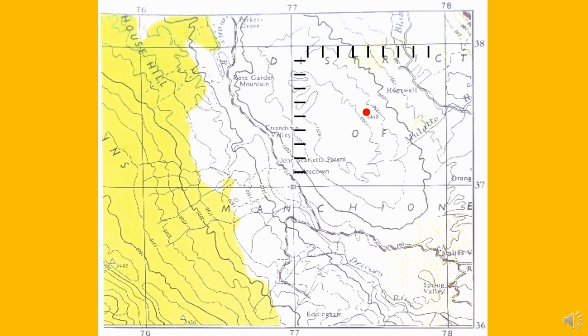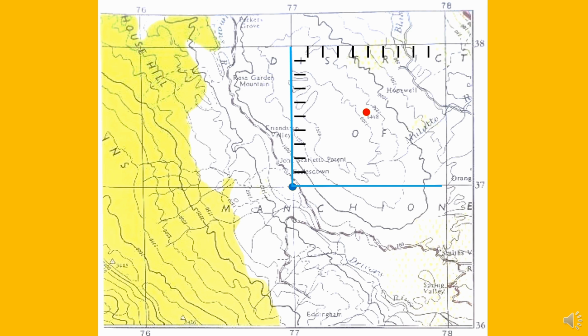Let us now look for the six-figure grid reference of the post and telegraph at Ecclesdown, and here we have highlighted it in blue. As we can see, the post and telegraph is at the junction of Easting 77 and Northing 37.